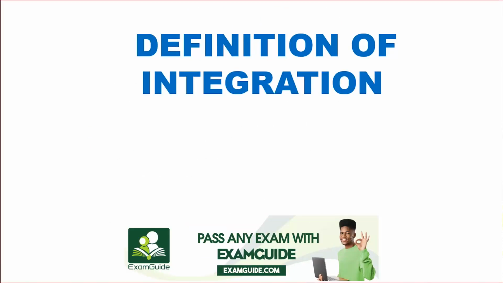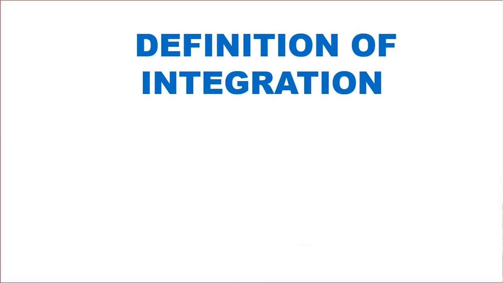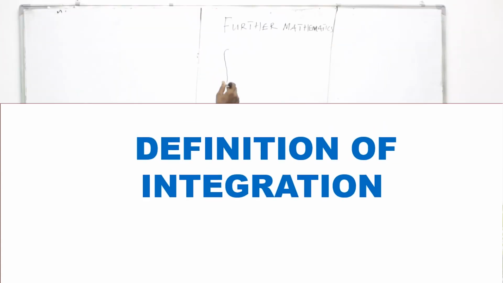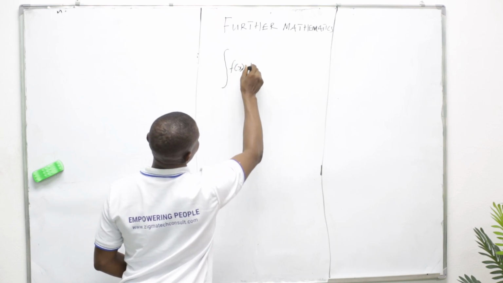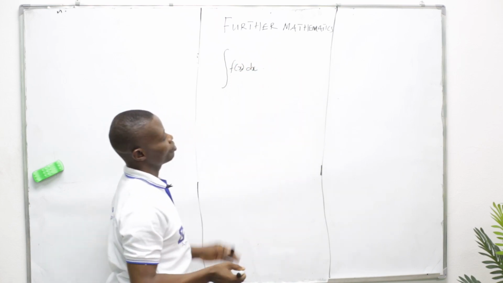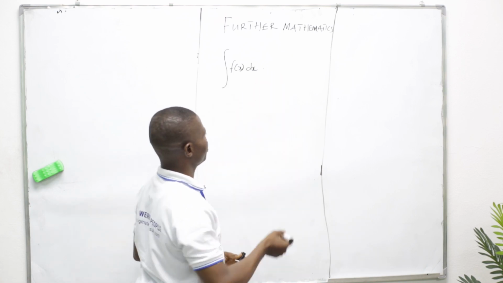Definition of integration. If you can recall back to your memory, you were told that integration is the opposite of differentiation, the antiderivative. The symbol used for integration, maybe integral of f of x dx, is the antiderivative.